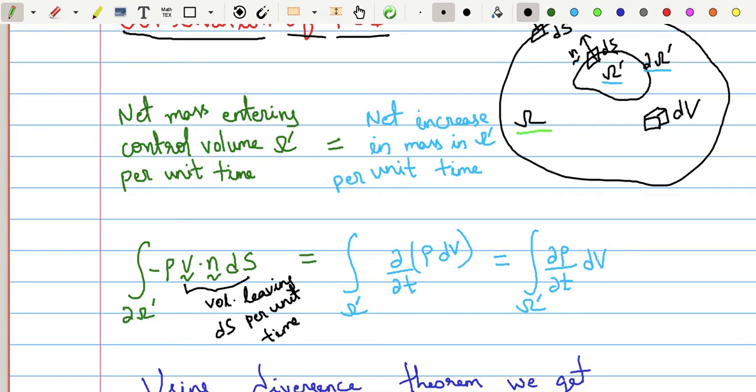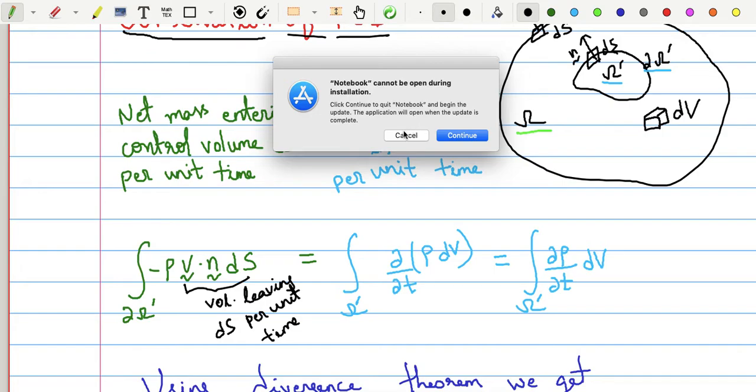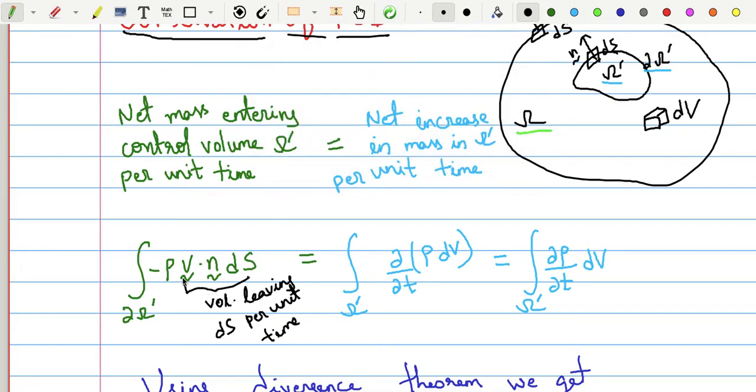Now if I want to know about mass, what do I do? I multiply it with density, and then I get the mass which is leaving the area element ds per unit time. If I want to know the mass entering, then I put a minus sign. So minus density times velocity dotted with n times ds would be the mass which is entering area element ds per unit time.